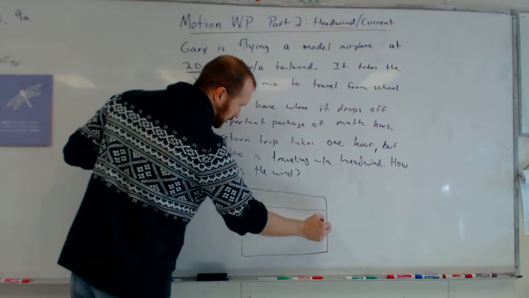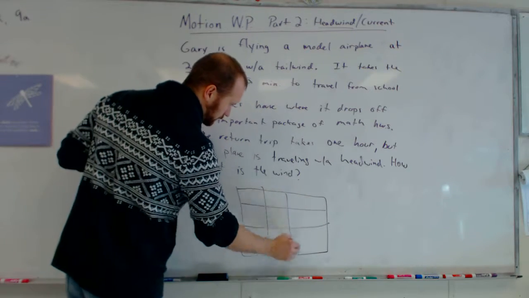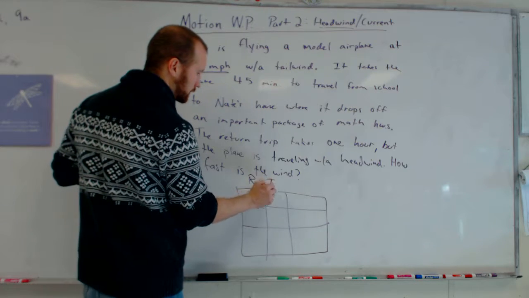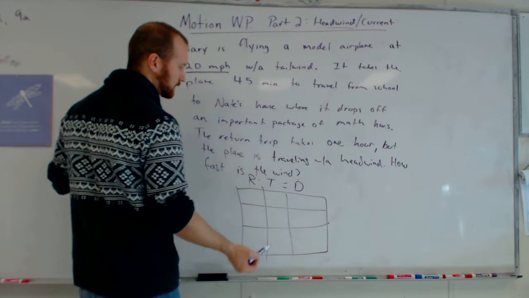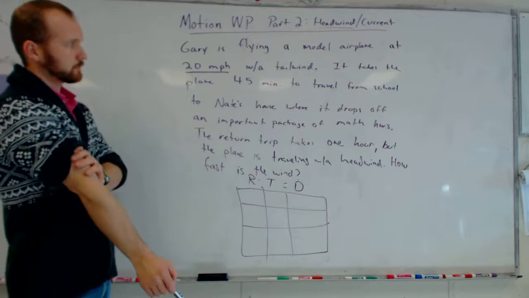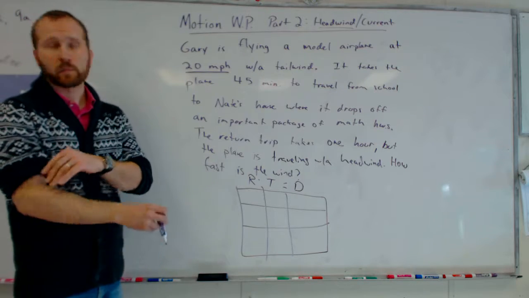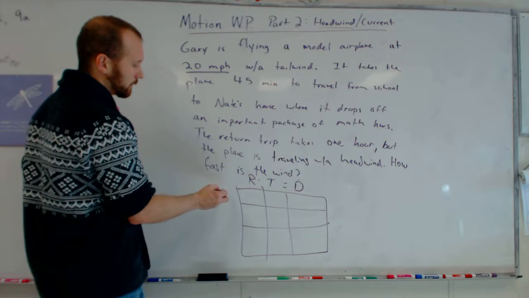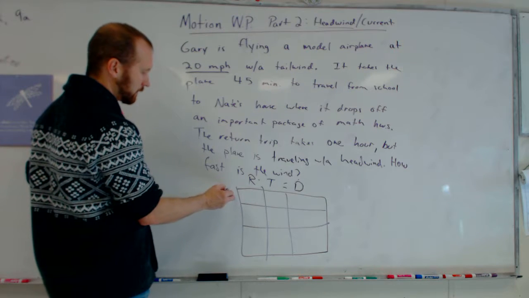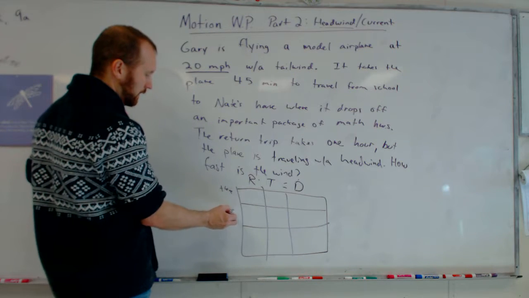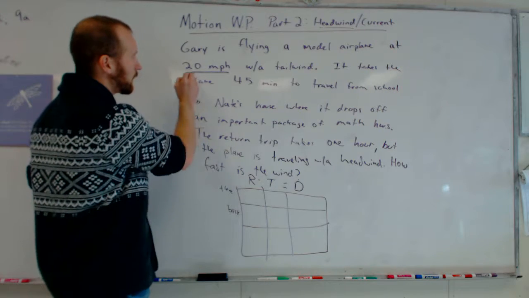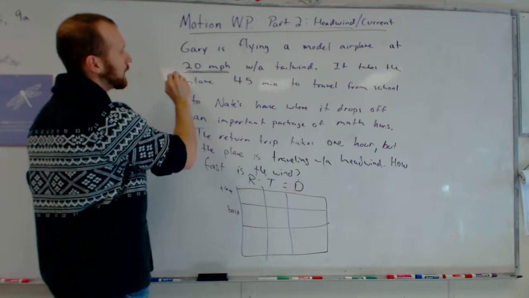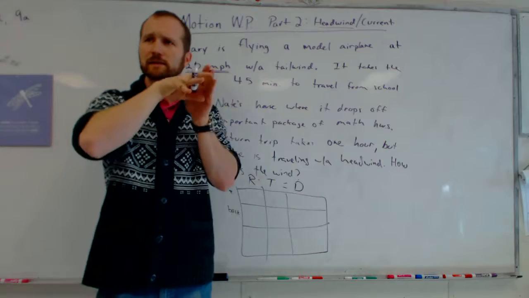So let's set up our chart. Rate times time equals distance. Again, we're going to say going there and going back. We're going to assume that 20 miles per hour, since it's the only speed they gave us, is just the constant speed of that plane.